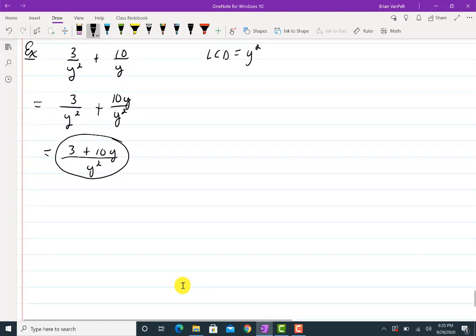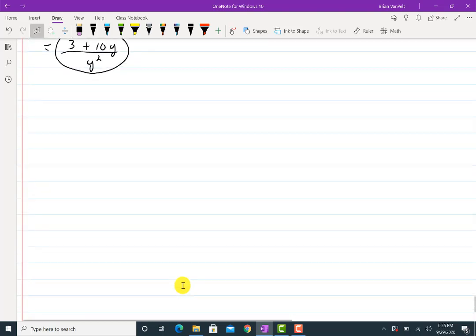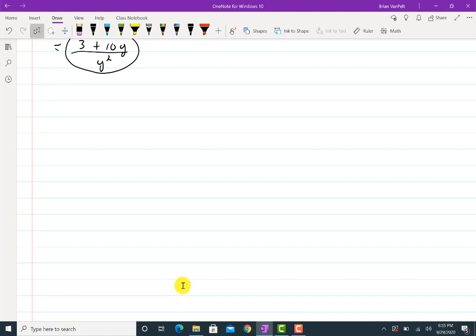Now I'm going to do several more examples, but I'm not going to go through the effort of spelling out the LCD. I'm going to leave it to you to do while you're watching the video. Let's go with the next one here. A lot of times you can tell what the LCD is pretty easily. And I'll tell you, in this case, the LCD equals 24. And so I will want both of my fractions to be over 24.